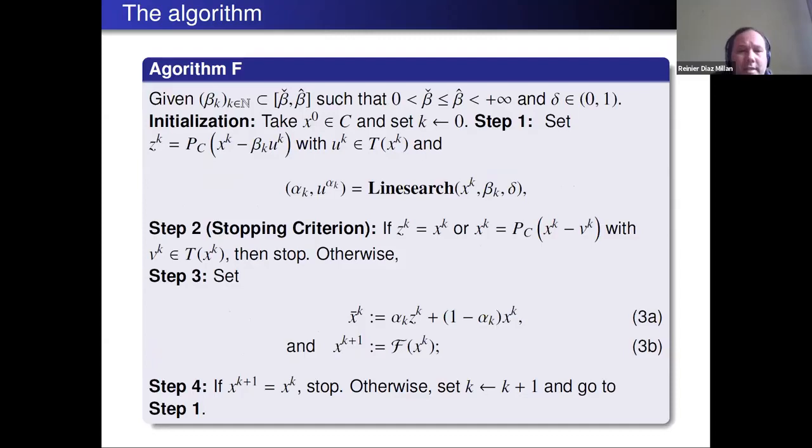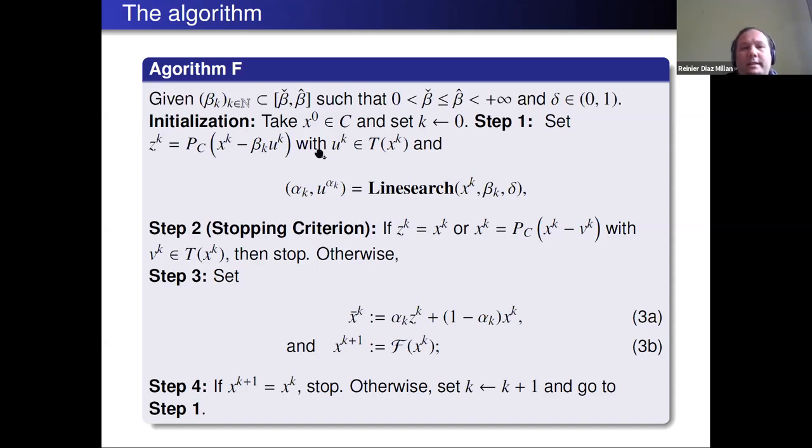Given a sequence bounded from below and above by a finite number b hat, and this b is far from 0, for the numerical experiments we take this beta k as 1, for all k.